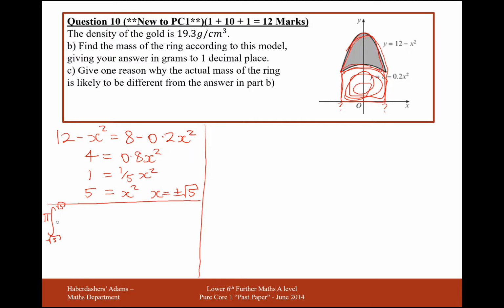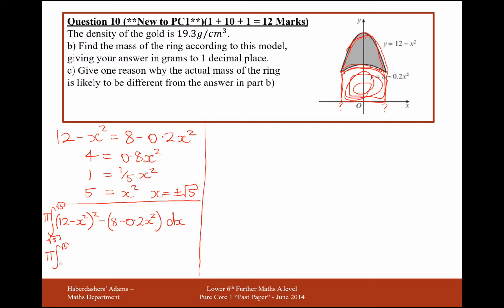So we're going to have (12 minus x squared) squared from the first bit, because we have to square our function, that's what the formula tells us to do, and the next part is to subtract (8 minus 0.2x squared) squared, dx.